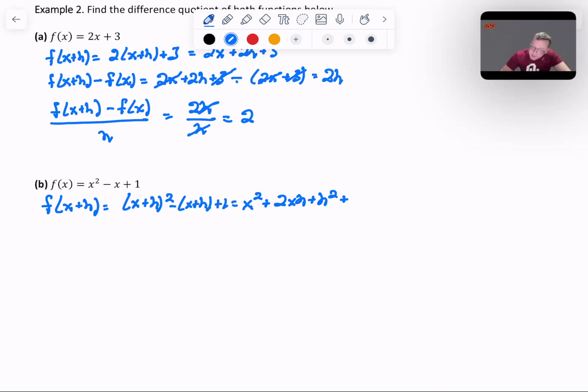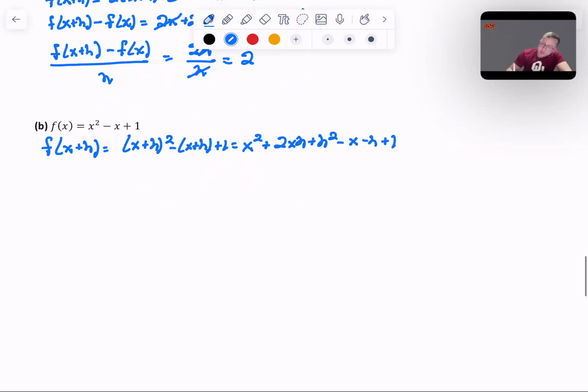So here we have x squared plus 2xh plus h squared minus x minus h plus 1. And then next we're going to do f of x plus h minus f of x.